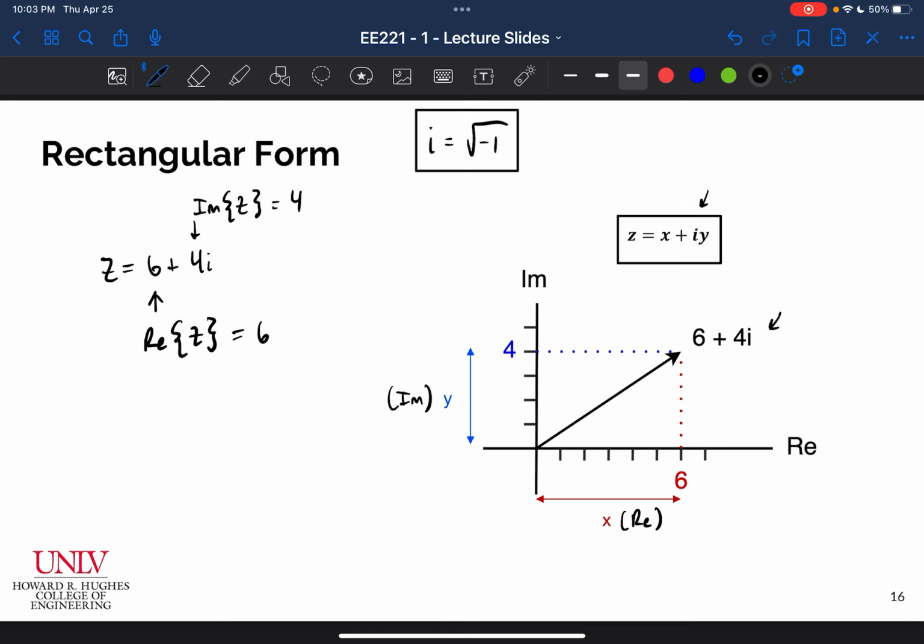But what you will see in engineering in general is that the imaginary part is denoted by a j. So we're going to have to get used to seeing that, but just note that we don't use i equal to the square root of -1 because i is reserved for current. Instead, we use j equal to the square root of -1, and everything stays the same.